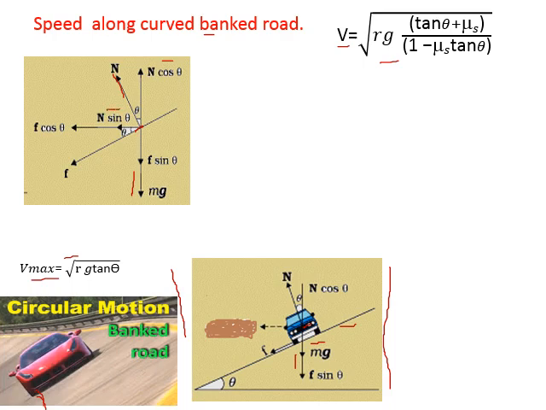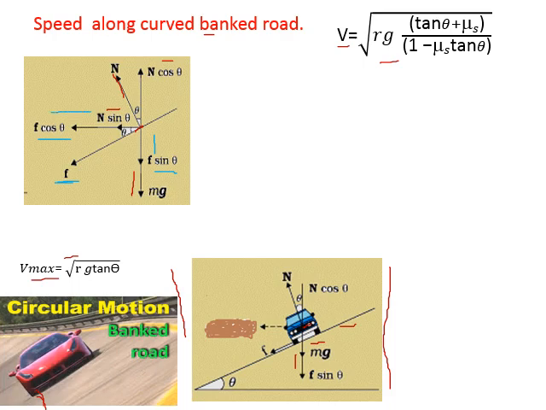Just as I explained, in the previous derivation also this part is there. Now the main part, this is nothing but F, that is the force of friction. This F is also resolved in two components. F sin theta is in downward direction and F cos theta is along the radius towards the center.